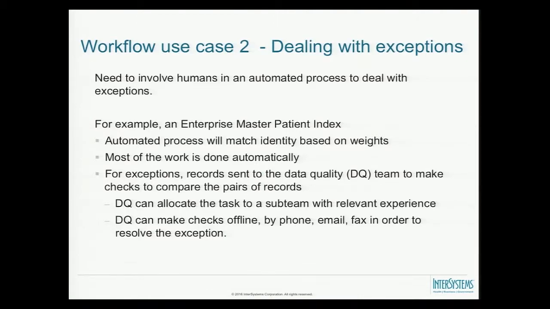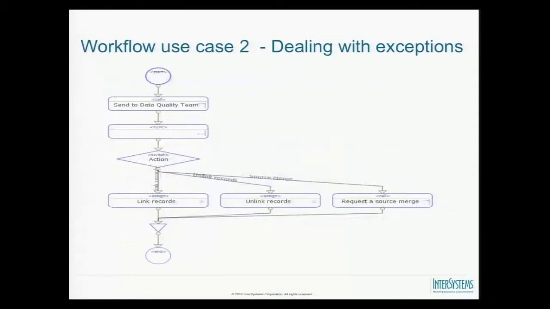An example of an enterprise master patient index is an InterSystems product called the HealthShare Patient Index, which does exactly this. So the workflow for that, as simplified, would look as follows. We'd start off by sending the data to the data quality team, and the data would be pairs of records appearing across different systems, and then the data quality team would need to take action.